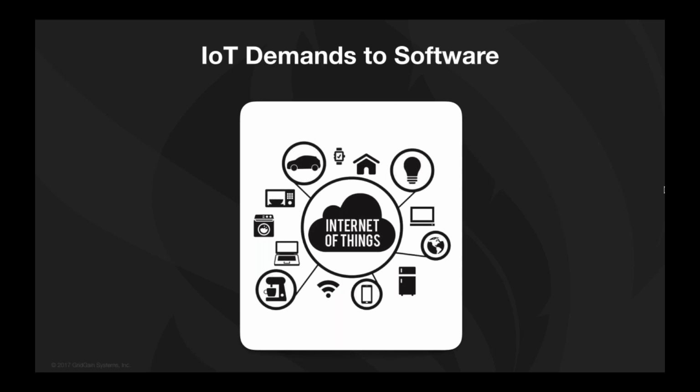First, let's talk about the IoT demands on software. If you take a look at this picture, you will see that the IoT market is really broad. When we talk about the things from this market, or the edge devices, we can consider a variety of different appliances, smartwatches, smart meters, or robots.